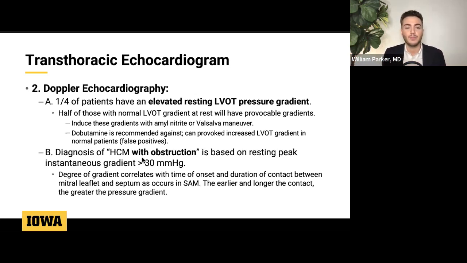So I said really people with an elevated resting gradient should be called hypertrophic cardiomyopathy with obstruction. So what do you call these people with provocable gradients? I think I've seen the term quite a lot while preparing for this, hypertrophic cardiomyopathy with latent obstruction, or perhaps just hypertrophic cardiomyopathy with inducible obstruction.